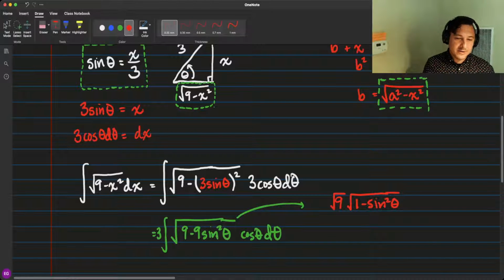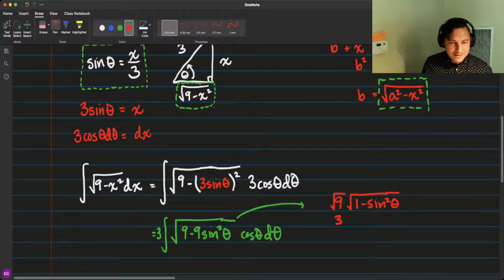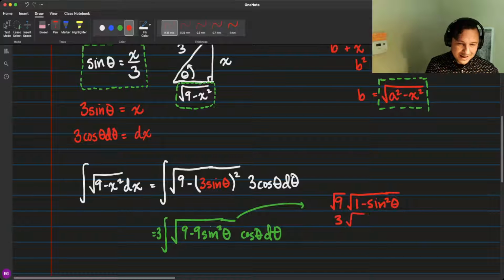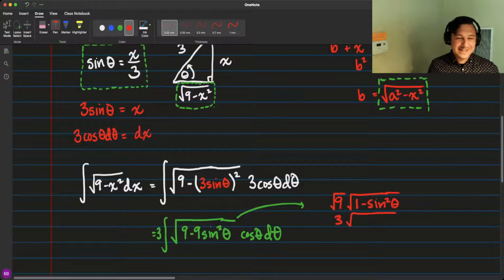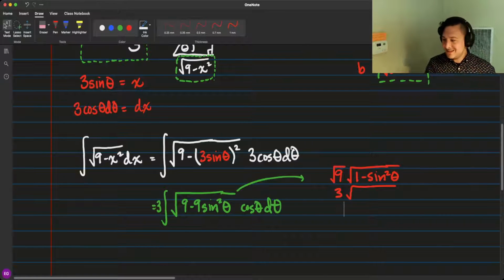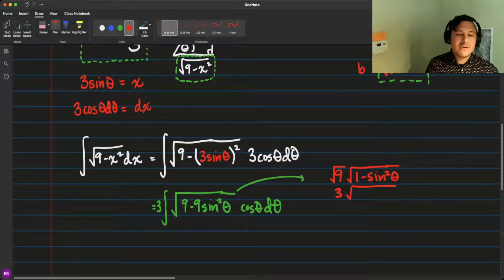Square root of 9 is 3. Okay, now what can you do with this 1 minus sine squared? Yes. And then you're like, oh wow, this was fated.